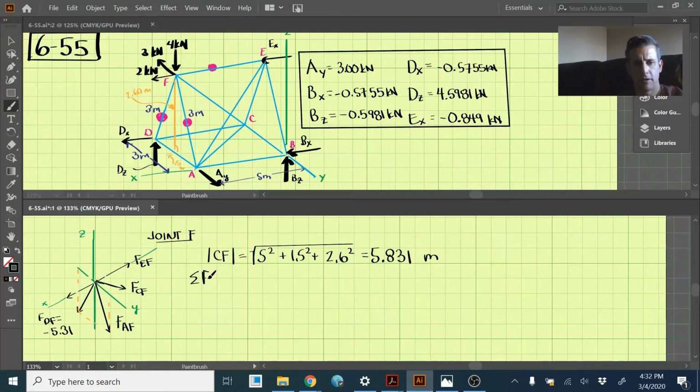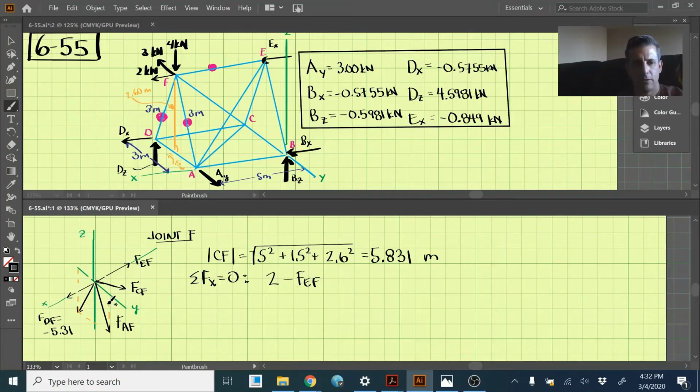Take the sum of the forces in the X direction and set those equal to 0. If we do that, we have this 2 kilonewton force that we can't forget about. So we have 2 kilonewtons, and FEF is acting directly in the negative X direction here, so we have negative FEF.